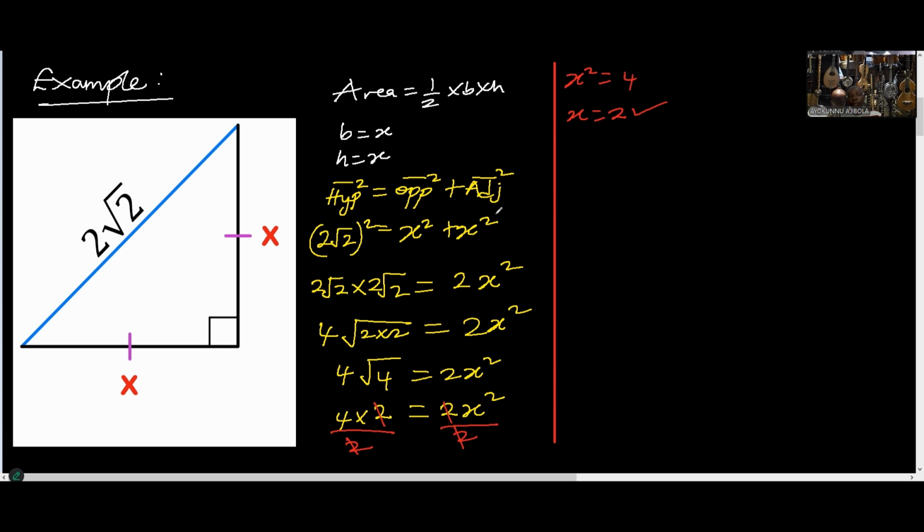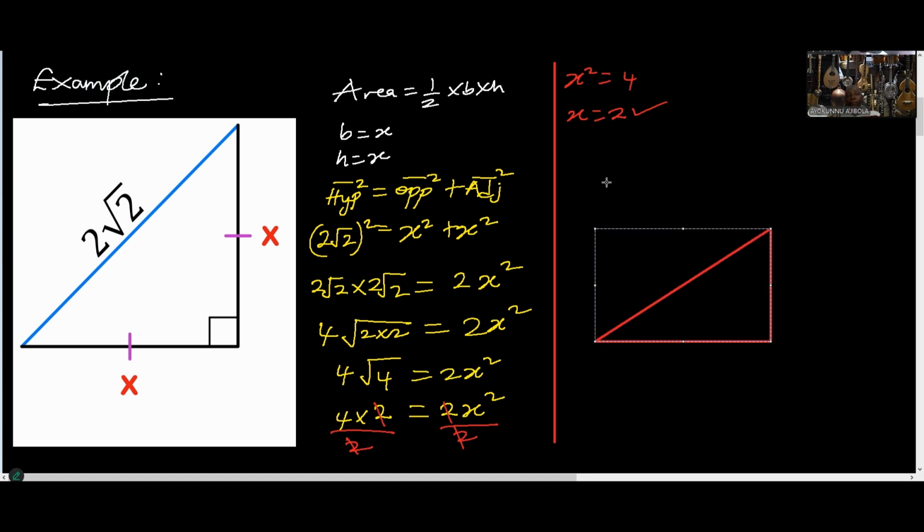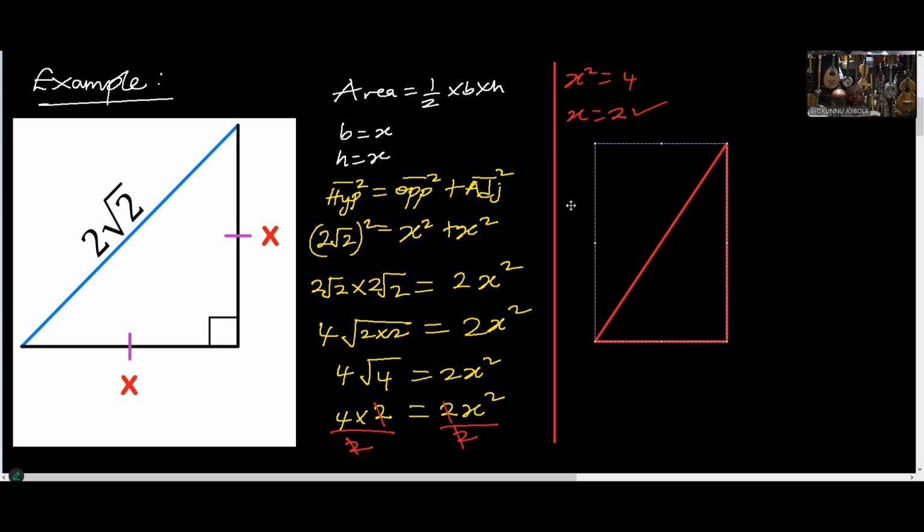Yes. So if I have to draw the triangle all over, I would say the sides are now, this is 2 root 2, okay? And this is 2, because x is 2. Is that okay?